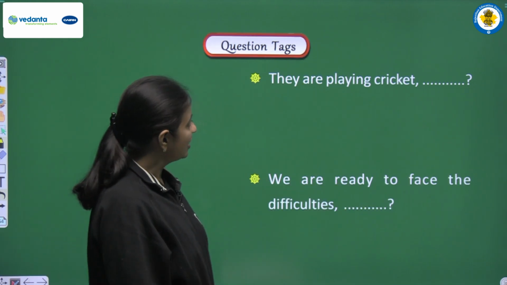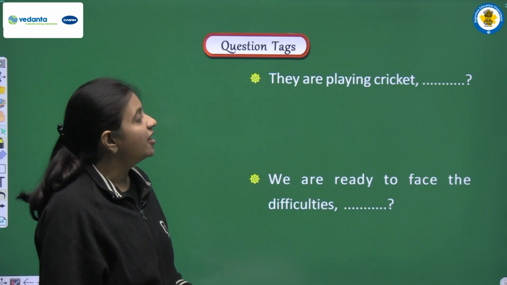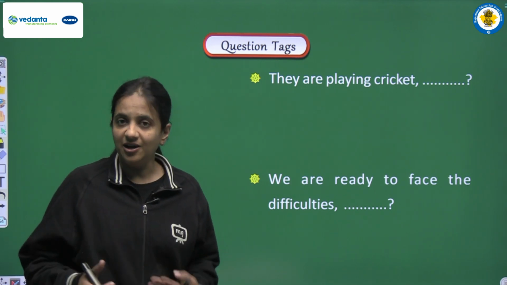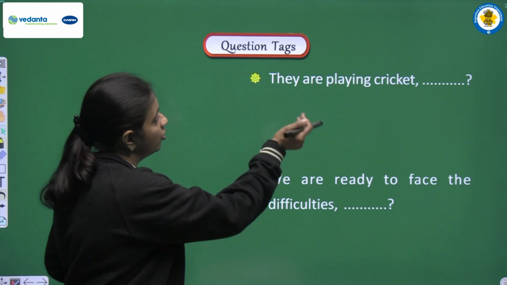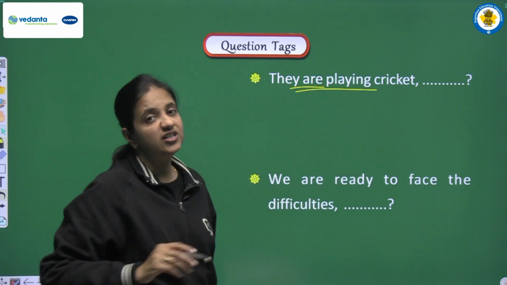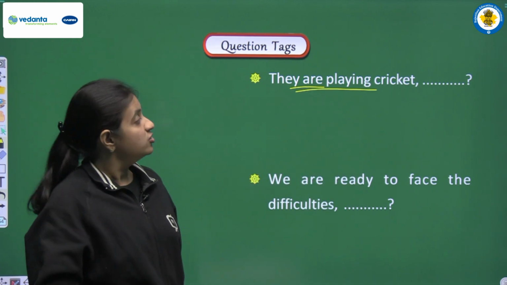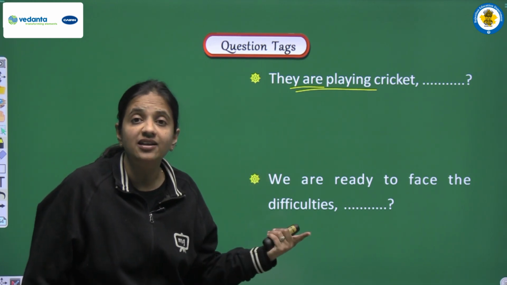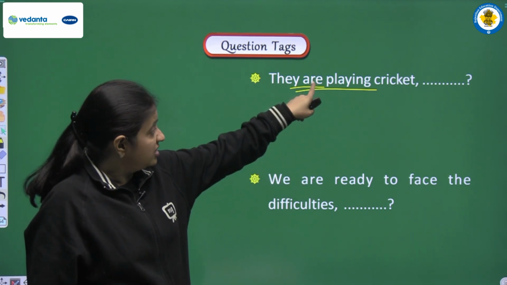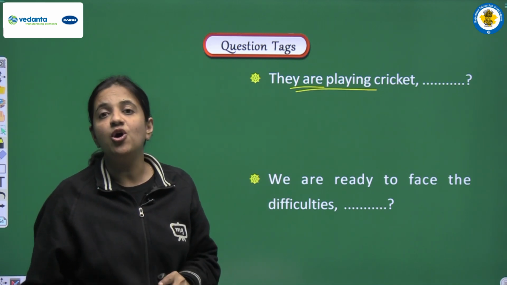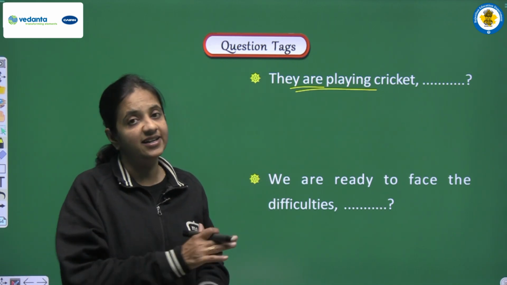Alright. Next we are having they are playing cricket. So it's again a positive sentence, they are playing cricket. We are having present continuous tense here, we are having is, are, am and first form plus ing. Because it's a positive sentence, the question tag will be negative, and the auxiliary verb that is given to us is are, so we have to write the short form of are plus not, that is aren't.